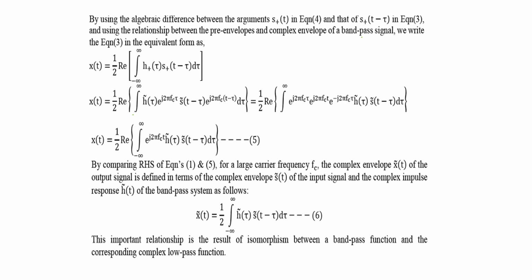So by considering that, now the equation becomes x of t is equal to 1 by 2 real of integral from minus infinity to plus infinity h of tau s of t minus tau d tau.